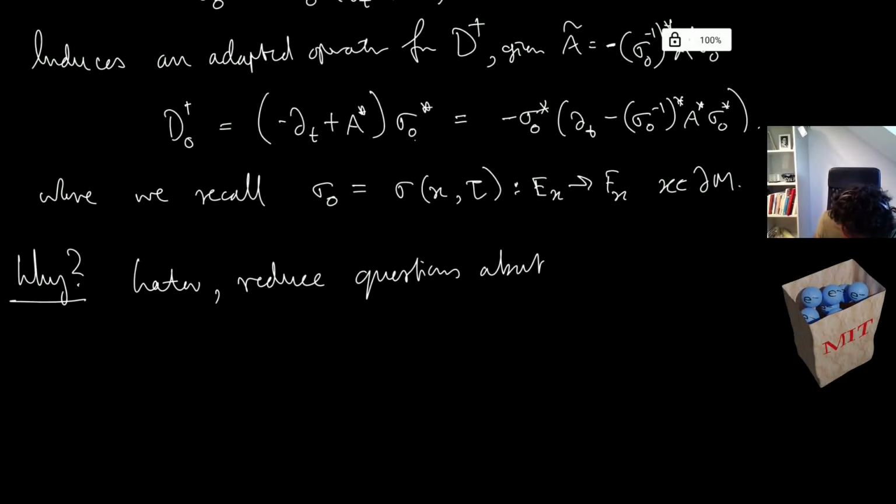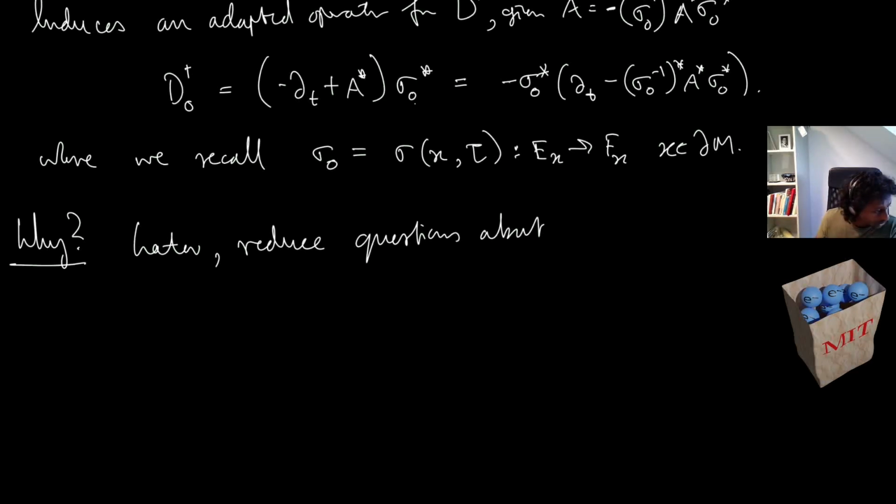So why do we do this? Because we want to later reduce questions about D and D tilde. I'll say questions about D because it follows for D tilde similarly to D naught. Okay, so why? Because we have D minus D naught now.